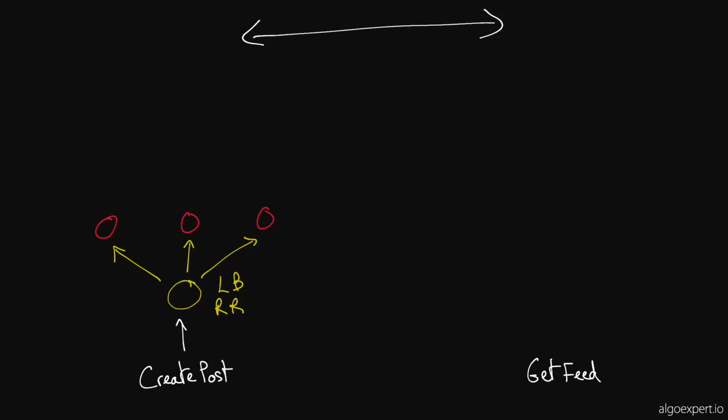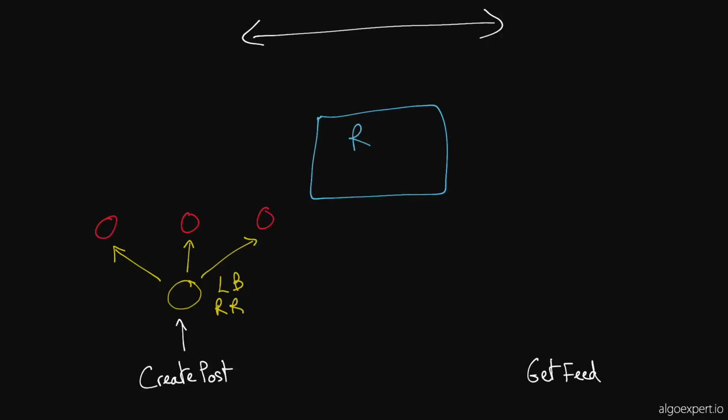Okay. So when we create a post, we want to store our post somewhere. And here I think that having some form of relational database that stores all of our posts, maybe all of our users and everything, would make sense. So I'm actually going to write in blue here, we'll have a relational database.